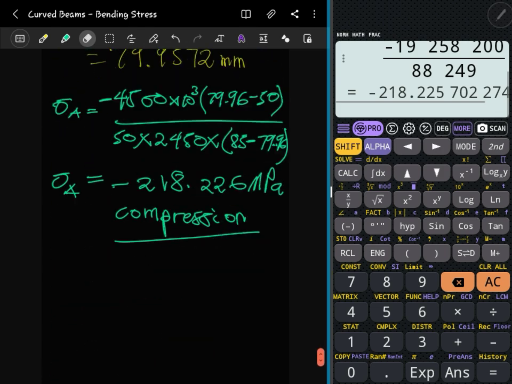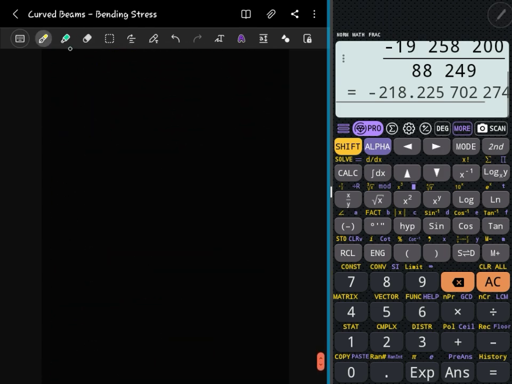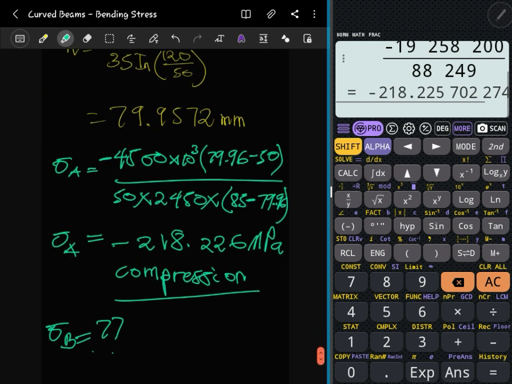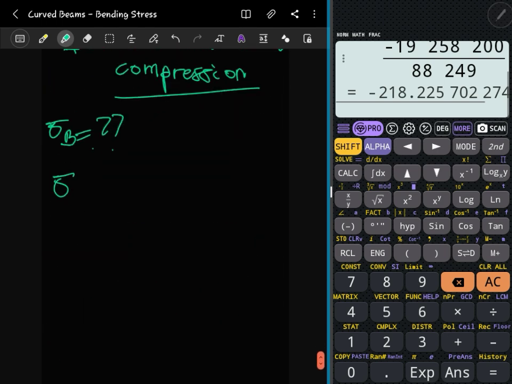Okay. So now the next thing is to find the stress at B. The work becomes much easier if you write everything out. We are trying to find the combining stress at B, which we don't know. The bending stress equation is minus M times (Rn minus R) all on A R times (RC minus Rn), right?